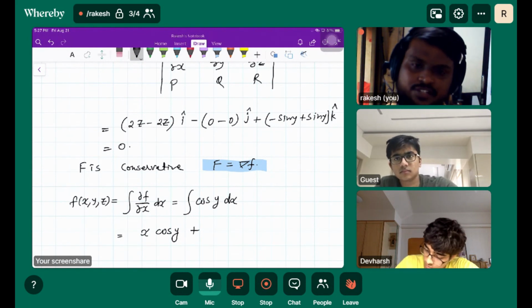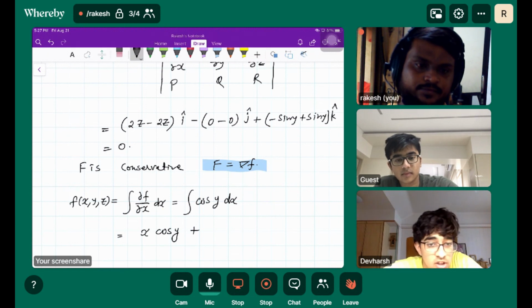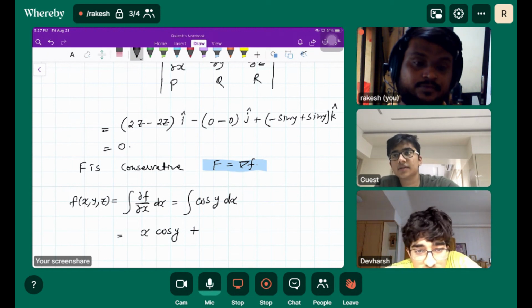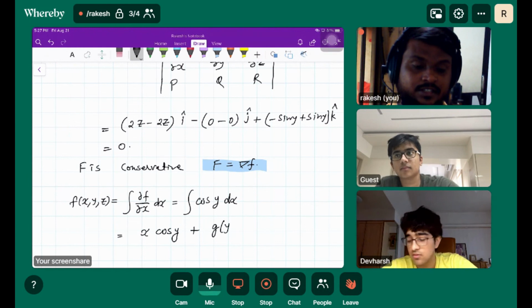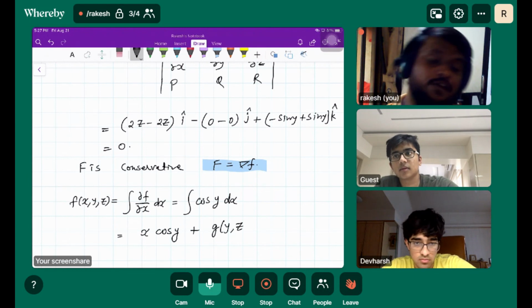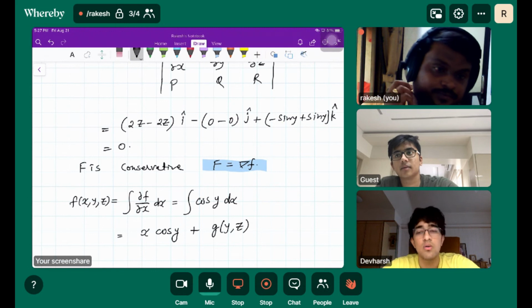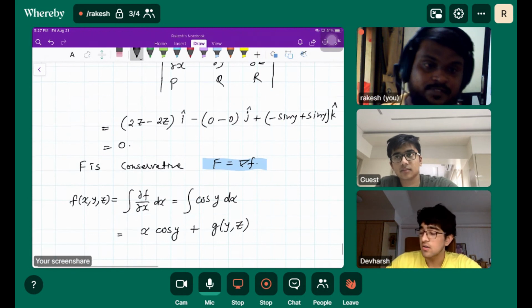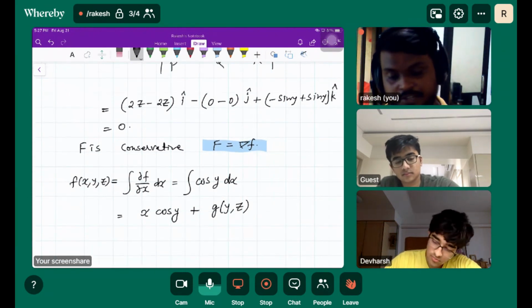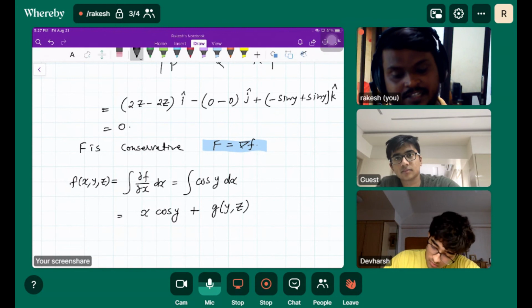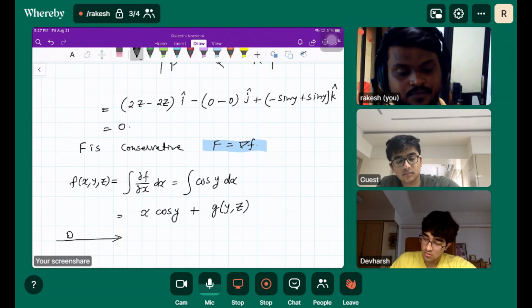Should I write just g of y or something else? I should write g of y comma z, because my function may have y and z together, right? Correct. So that would be written as g of y comma z, and then what's the next step?